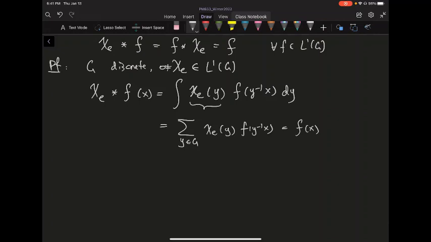When you convolute on the left, you get f of x, and a similar thing happens when you convolute on the right. So you can see that chi E is the unit. In fact, this is an if and only if: G is discrete if and only if L1 of G is unital. If you want to have a unit, that's the same as saying G has to be discrete.